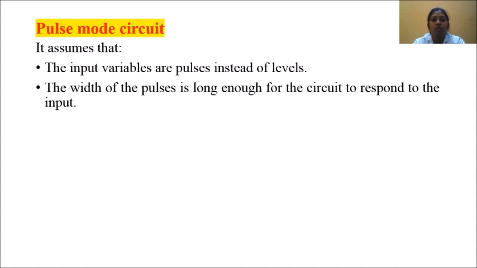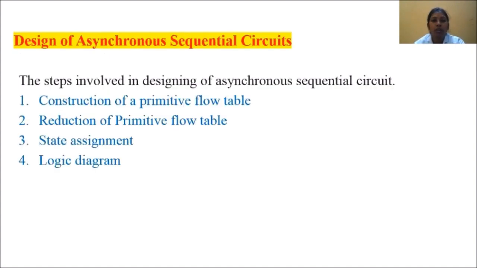Flip-flops are commonly used as memory elements in the pulse mode circuit. The memory element transitions are initiated only by the input pulses. These input variables are used only in the uncomplemented or the complemented forms, but not both. So these are the cases when compared to the pulse mode circuit.